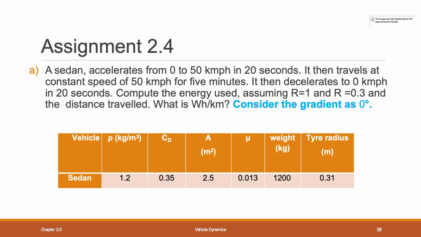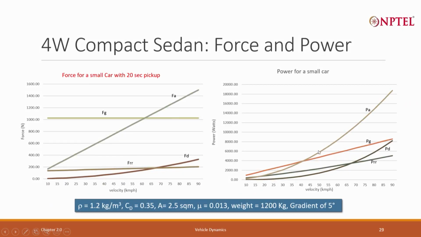Now, when I am accelerating from 0 to 50 kilometer per hour in 20 seconds, I can actually compute the power requirement due to acceleration, and that is coming close to 6,000 watts for 20 seconds. Then it travels at 50 kilometer per hour for 5 minutes. Then it decelerates in 20 seconds.